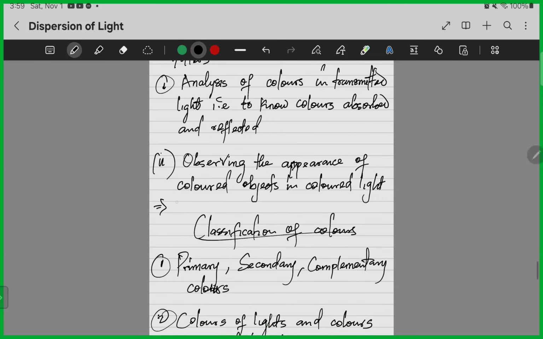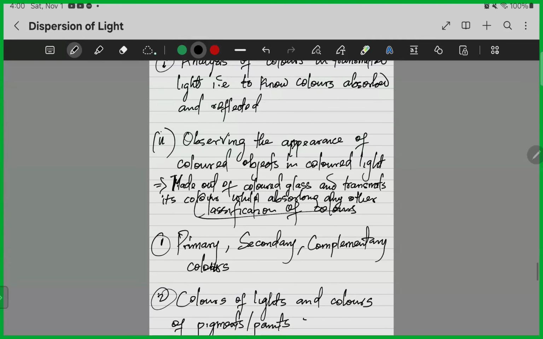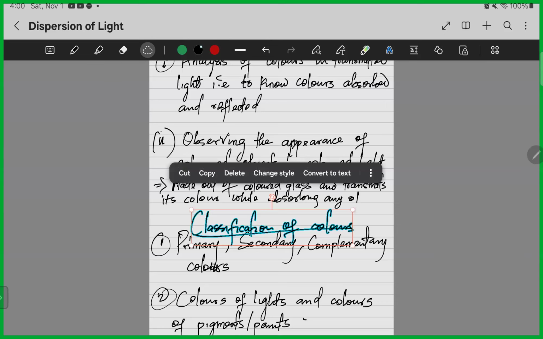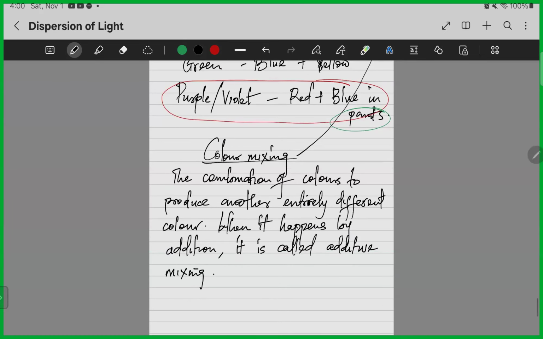It is made out of colored glass, and transmits its own color while absorbing any other color. Keep that in mind.